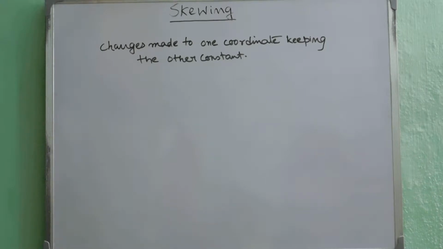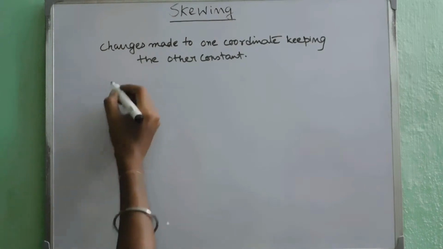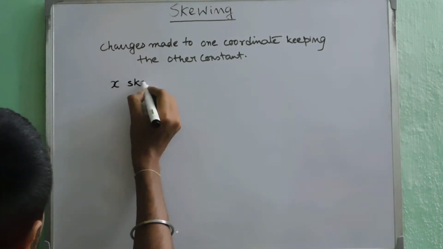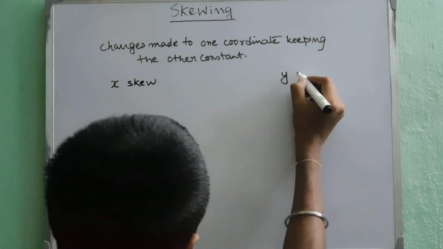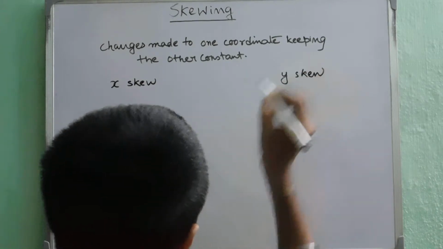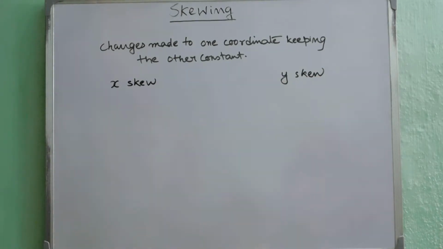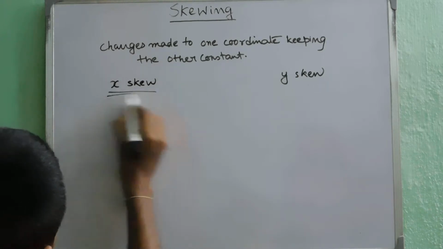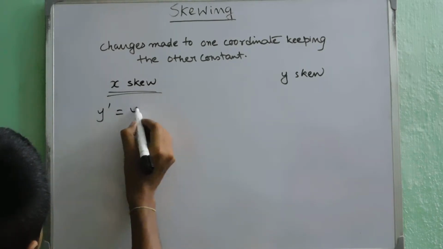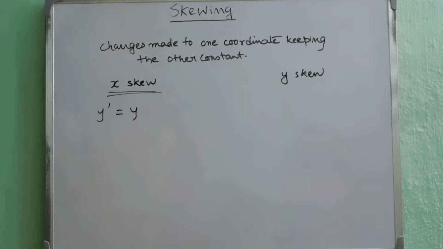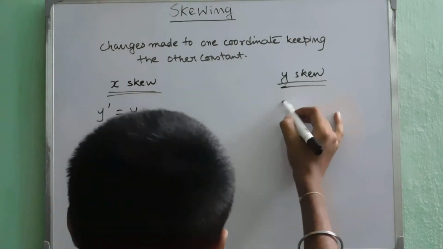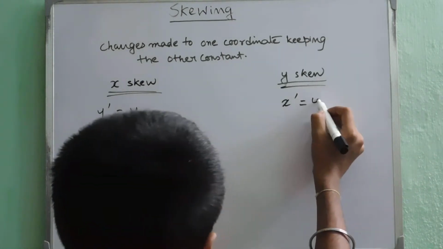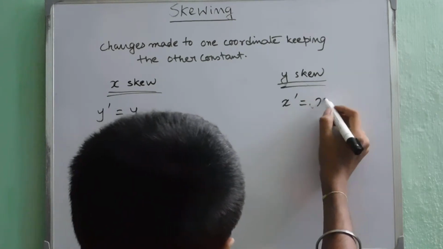Usually there are two types of skewing: the x skew and the y skew. For x skew, the y coordinate is made constant, and for the y skew, the x coordinate is made constant.